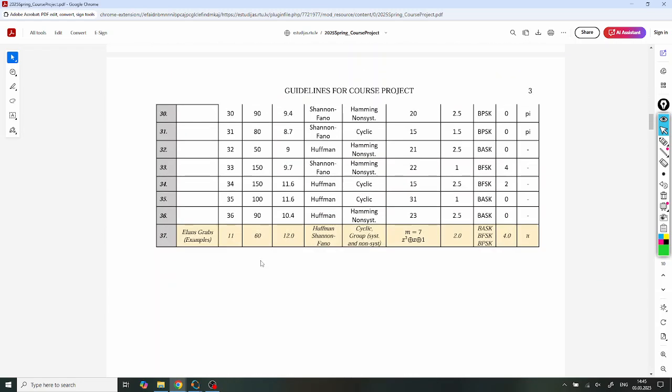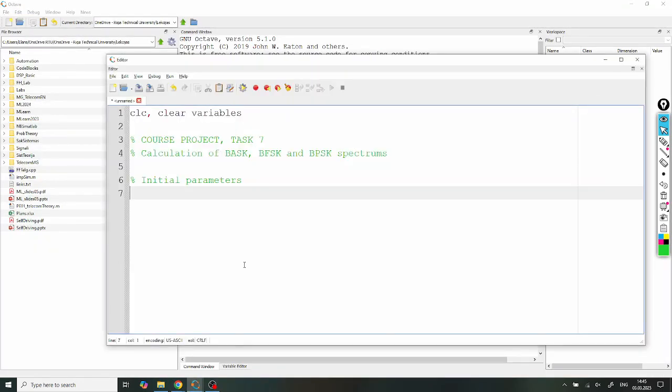So for me, symbol duration is 60 nanoseconds, which I'm going to input. The symbol is 60e minus 9, sorry, nano is minus 9. So that is symbol duration, seconds.